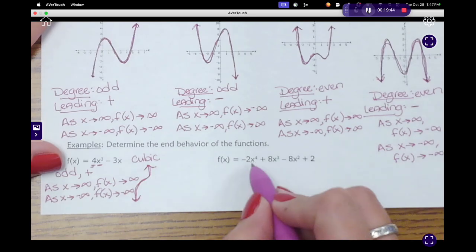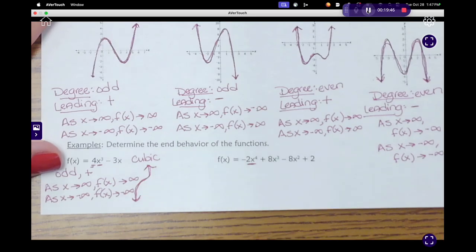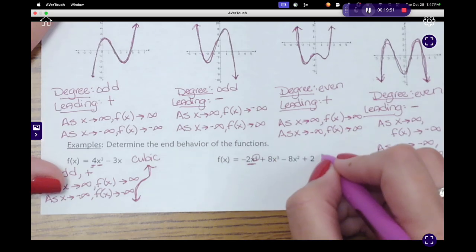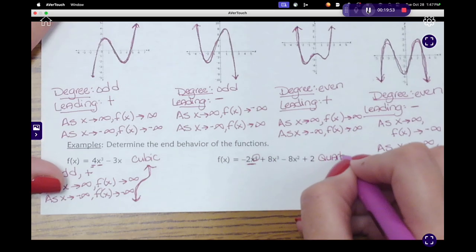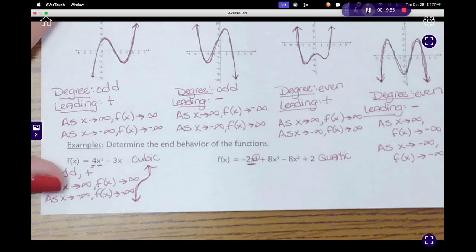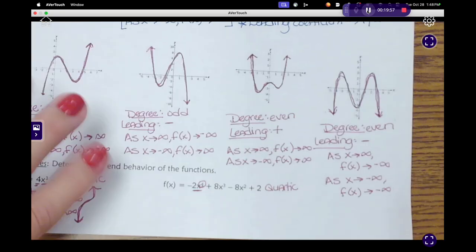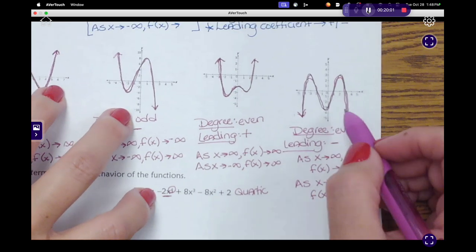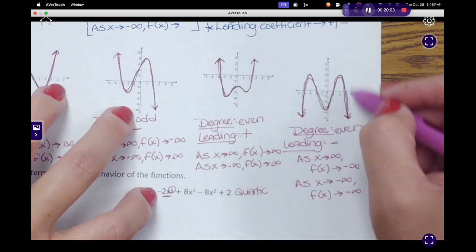All right, so here, negative 2x to the fourth, that means my degree is 4. So this would be a quartic polynomial, because that degree is 4. When your degree is 4 and it is negative, it's upside down. So this is going to be kind of like your generic graph right here.